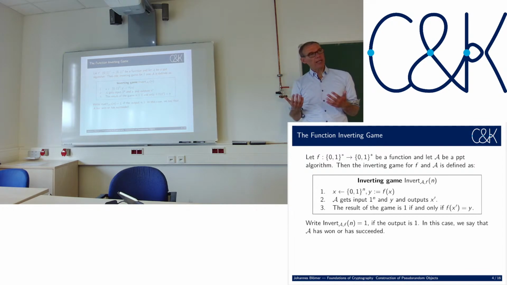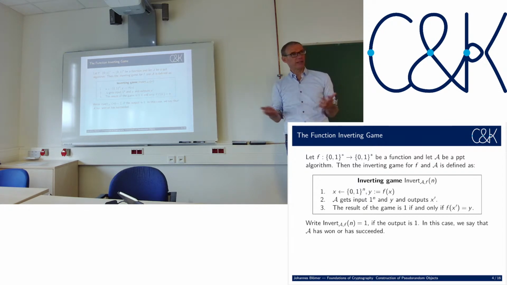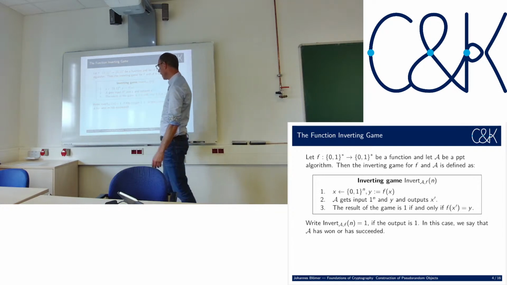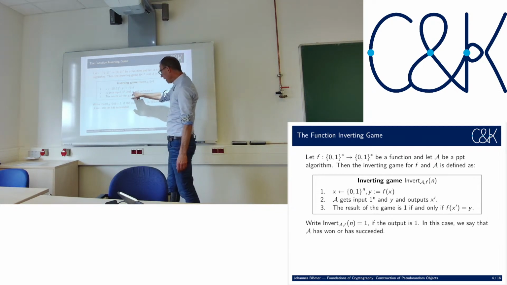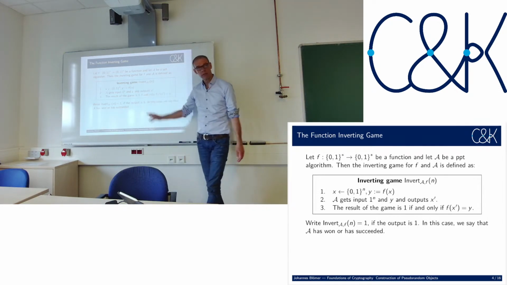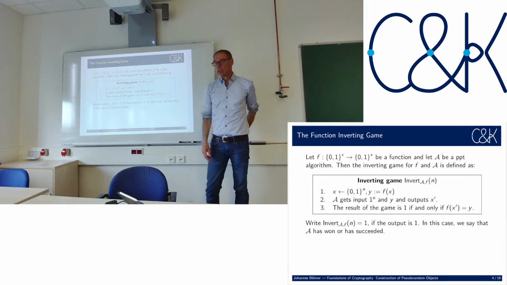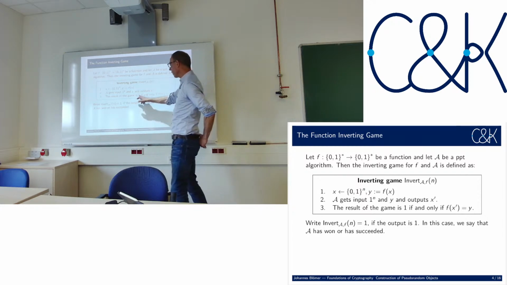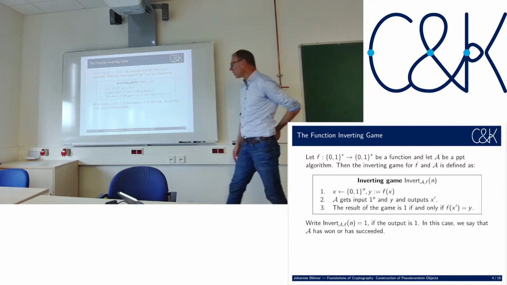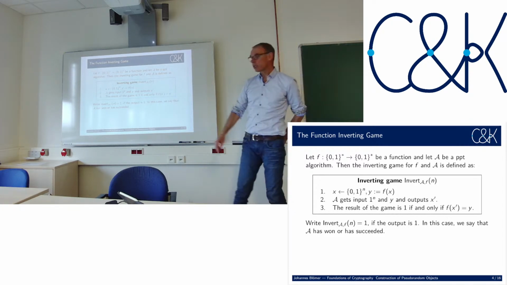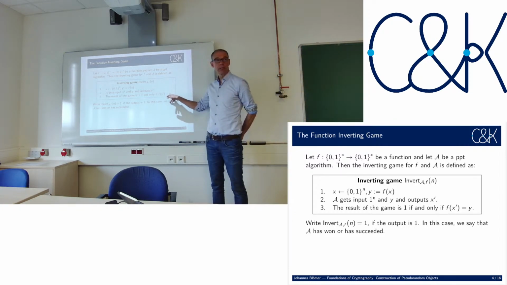Given y, you know that there is a pre-image, an x such that f(x) is y. Then A gets its input 1^n and y, and eventually, after its internal computation, it outputs an x'. The result of the game is 1 if and only if f(x') is equal to y, so if x' is a pre-image for y.